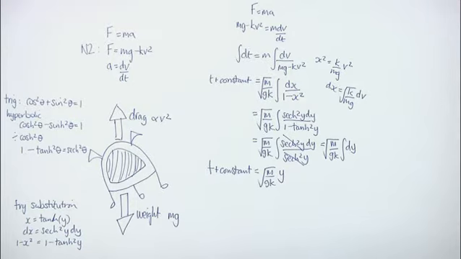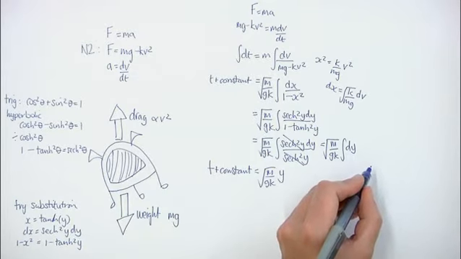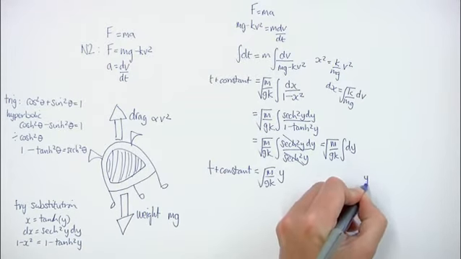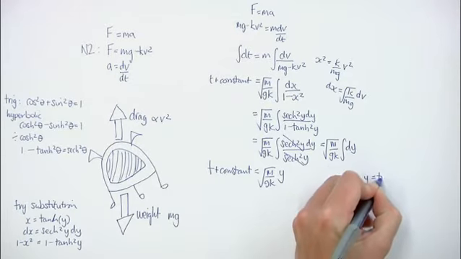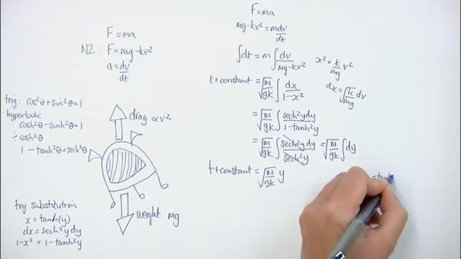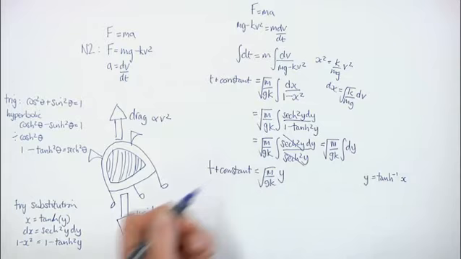Now we need to back substitute y for x and x for v. So we have, if x is tanh y, y is inverse tanh of x.